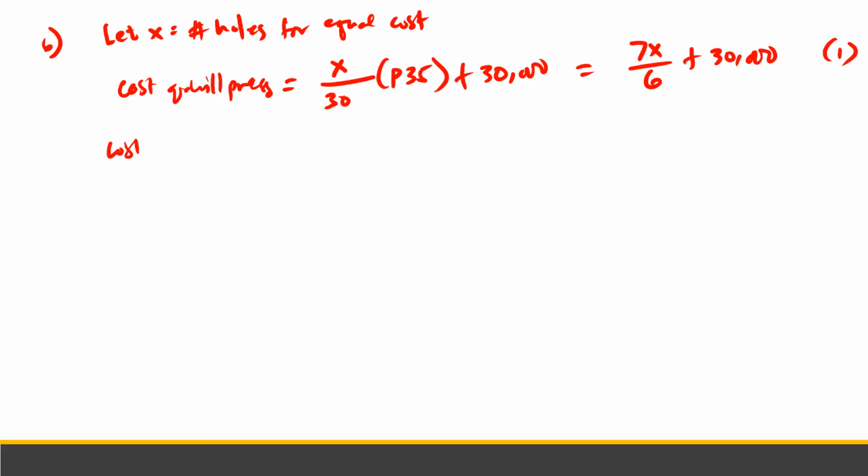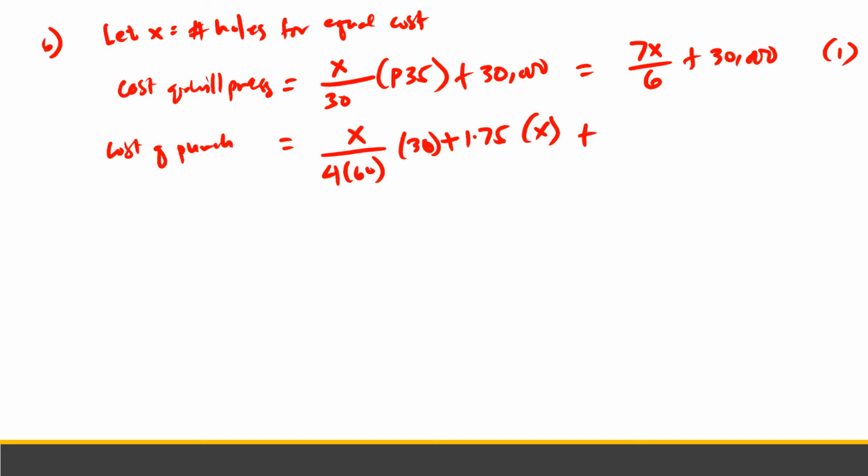So for the cost of punch machine, X, so ganang problem kanina, times 30 pesos plus 1.75 times X plus 27,500.